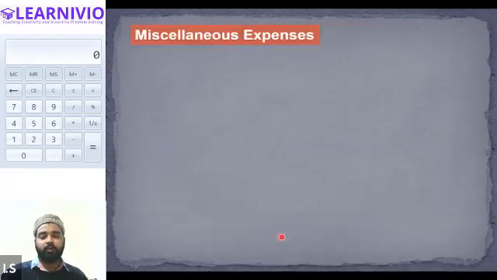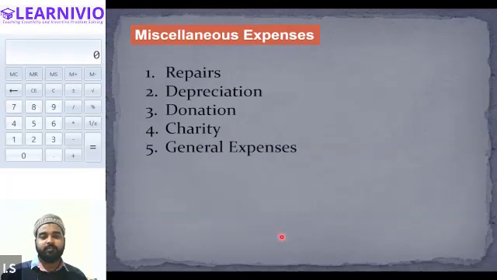And the miscellaneous expenses will include repair, depreciation, donation, charity, general expenses. All these are considered as the miscellaneous expenses. Guys, you are not required to basically remember all these expenses. As soon as these expenses appear in the question, you will be easily able to identify that these are the indirect expenses.